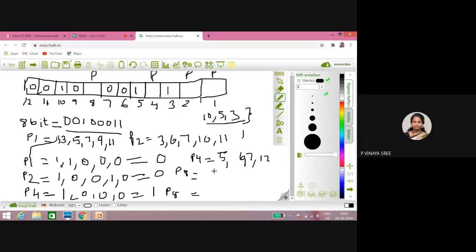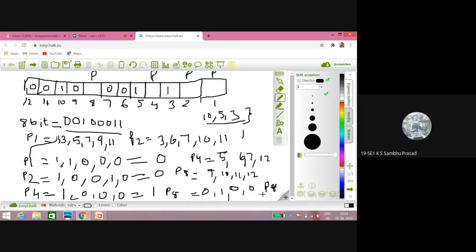P8 values: 9, 10, 11, 12. Okay, 9 is 0, 10 is 1, 11 is 0, 12 also 0.